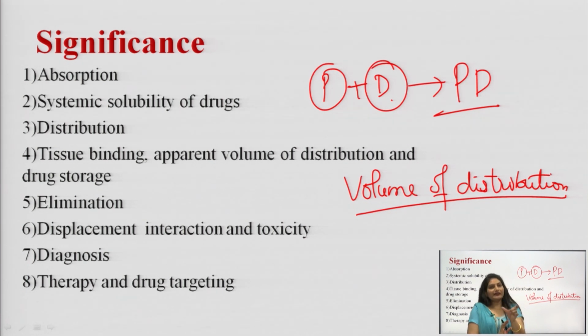Protein drug complexes can act as the transport system to carry the drug to the site of action. Another significance is sustained release. The complex of drug protein in the blood can act as a reservoir and continuously supply the drug to the action site. Okay. So, this is all about the significance of protein drug binding.